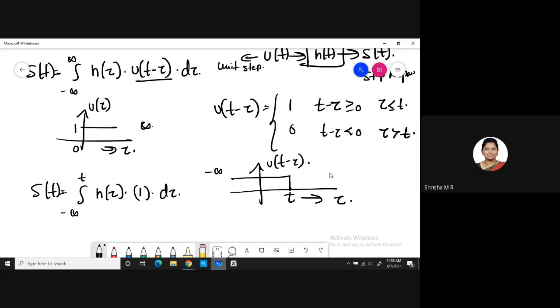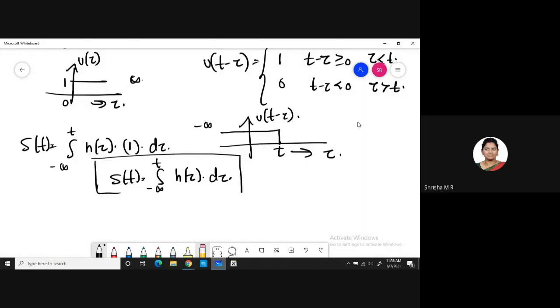So the equation for step response in terms of continuous time signals is s of t equal to the integral from minus infinity to t of h of tau d tau. Got it, everyone? Clear?